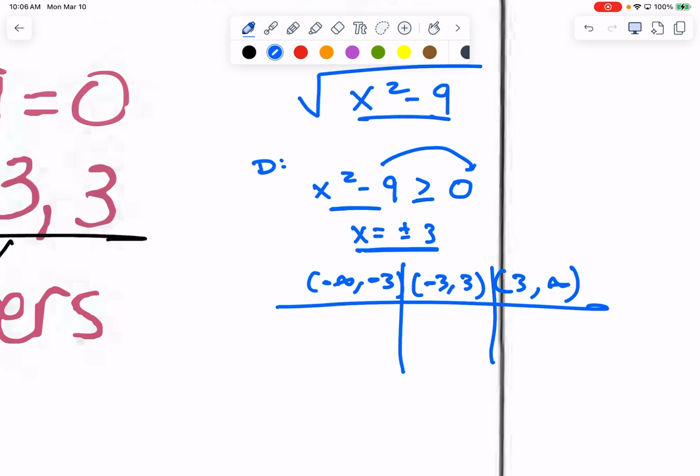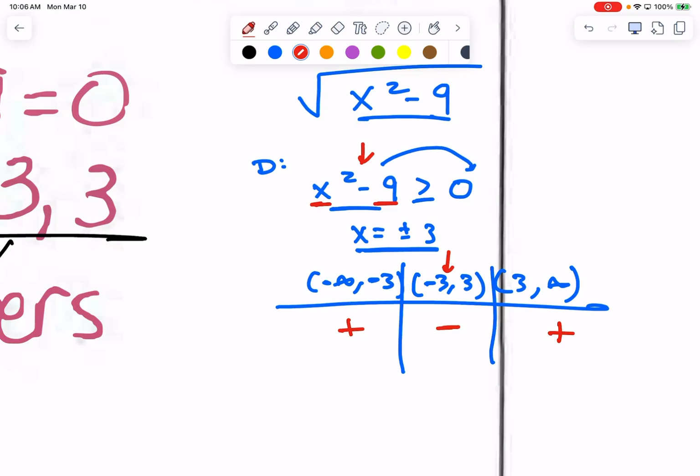Let's test 0 again. If I test 0, what's 0 squared minus 9? Negative, so it'd be plus, minus, plus. Some people do the sign analysis this way. Jada might be the person that says, I don't do test values, Mr. Morris. I know my graph. x squared minus 9, everybody show me what x squared minus 9 looks like.